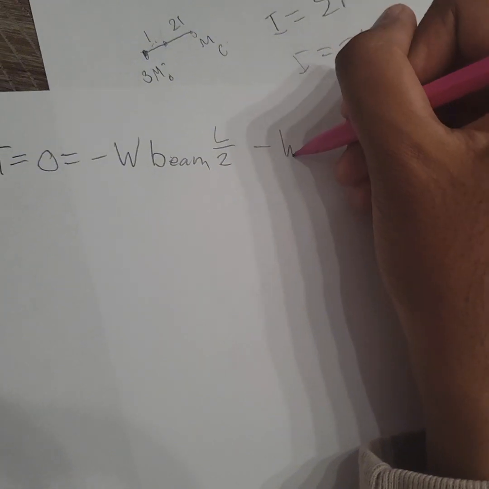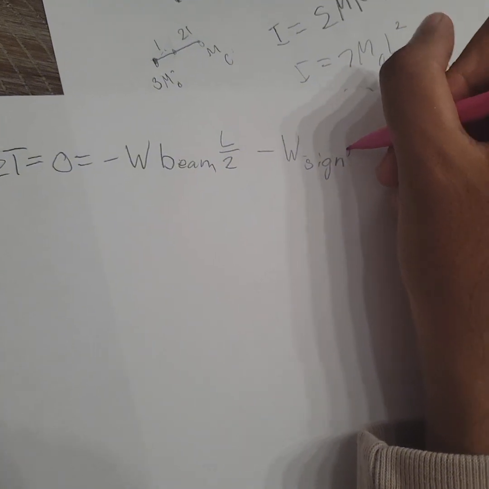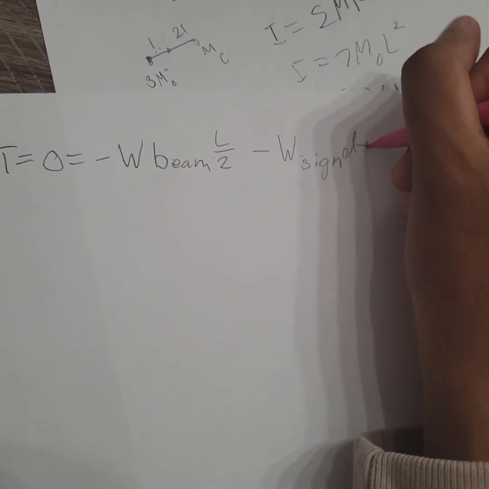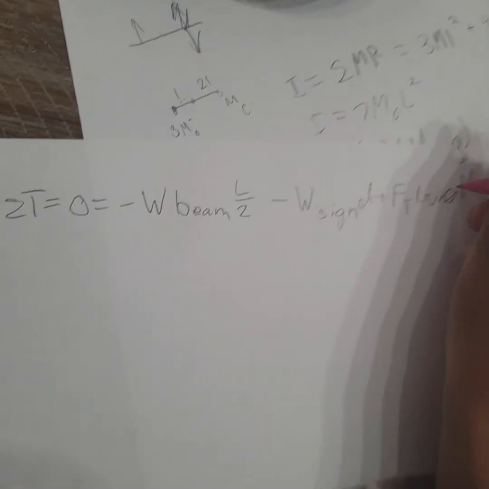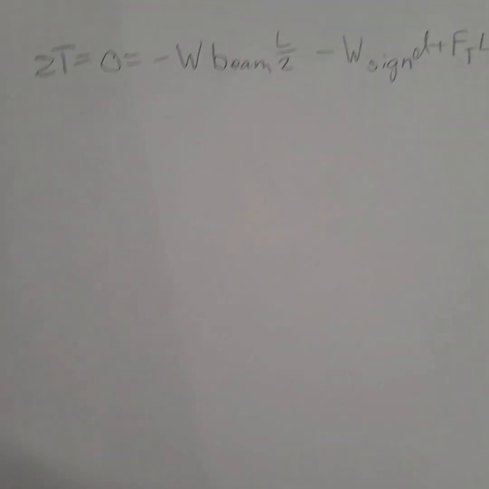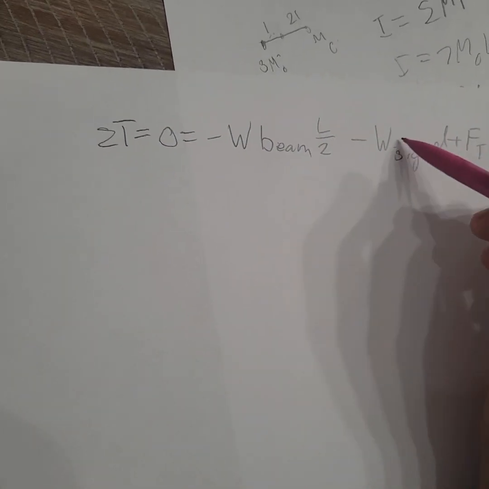And the sign, it gives you the distance to the center of mass of the sign, which is d, so you don't have to do anything for that, plus F_T L sine theta. And this tension is at the end, so you don't have to do anything for that either. So then you can just solve this out by putting the other two on the other side.